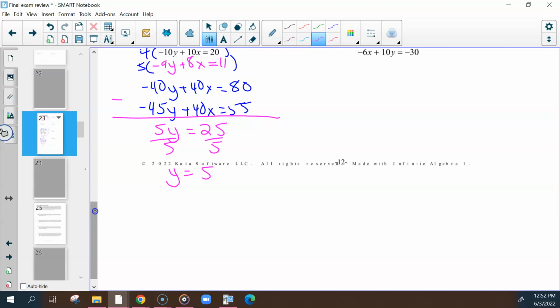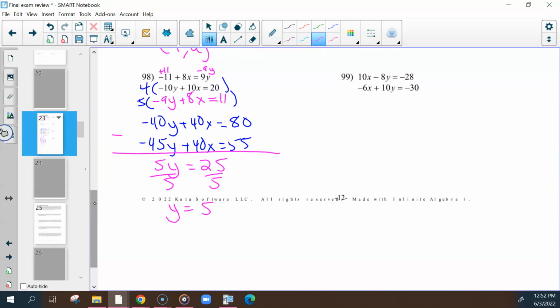Now you have 4 choices you can put y back into: either of the original equations or either of the 2 new. It does not matter. I'm going to put it into this one. Negative 11 plus 8x equals 45.